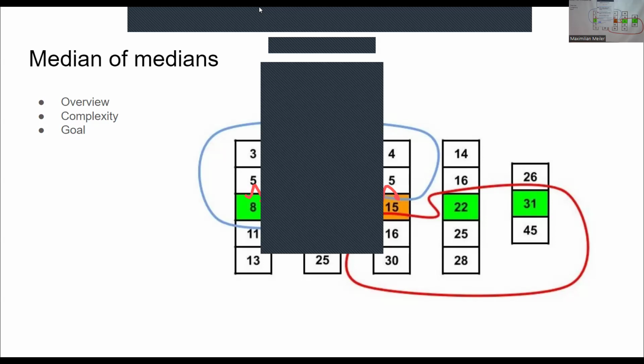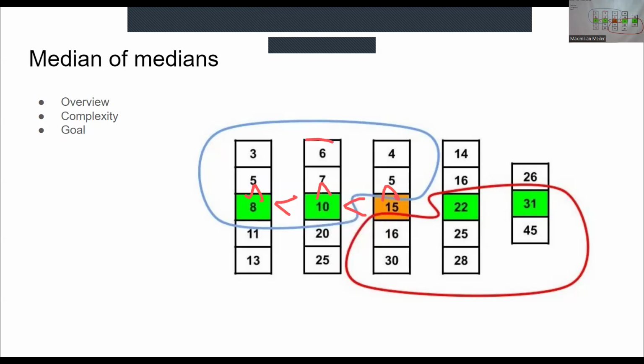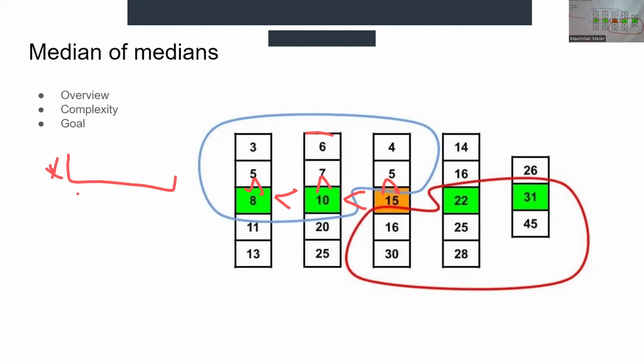Yeah. So if you ever have a pivot that, instead of chopping in half or whatever, only chops a small portion off, that's where you approach the worst case. But that's why this median of medians is so good.